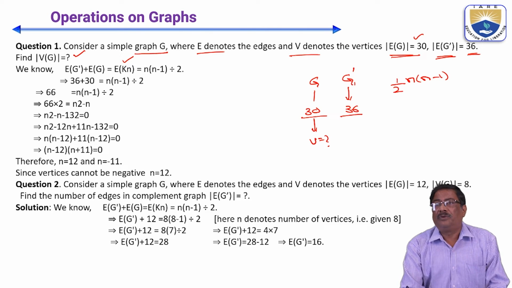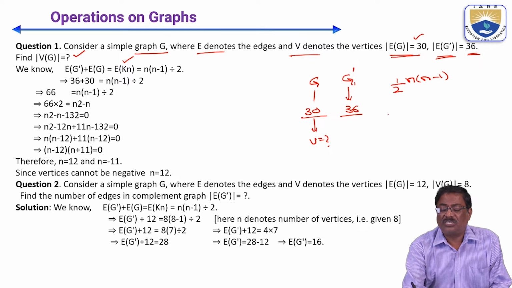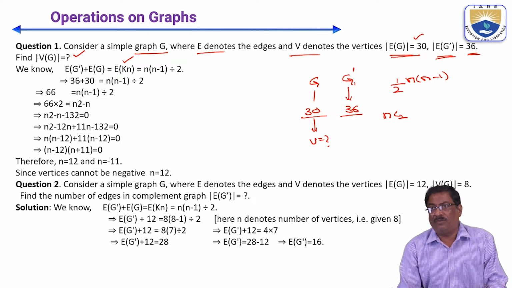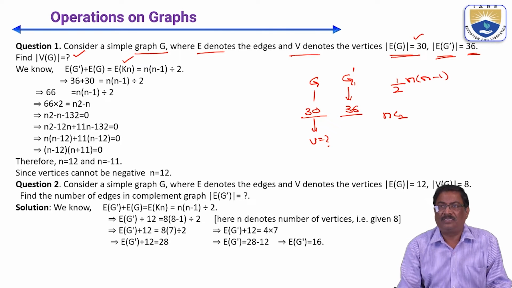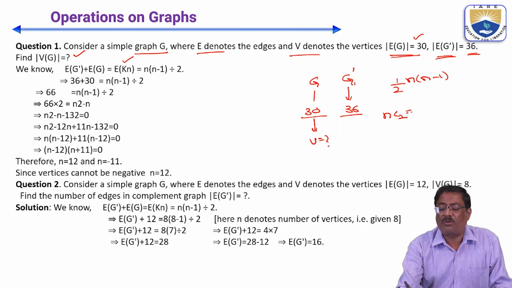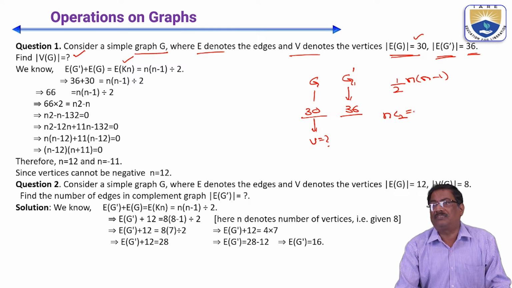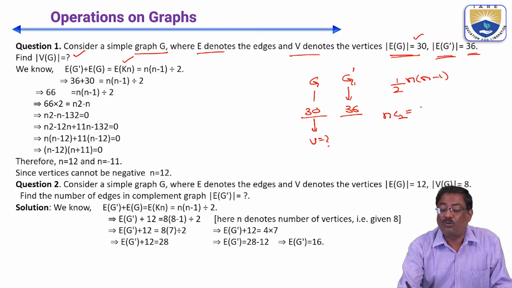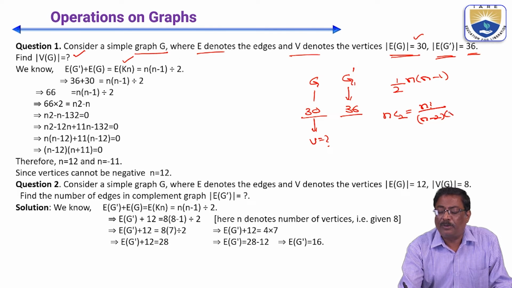Here we are going to select two vertices from n vertices, because an edge can be formed by using two vertices. So in how many ways can we select two vertices from n vertices? That is n choose 2, which is n factorial by n minus 2 factorial into 2 factorial.